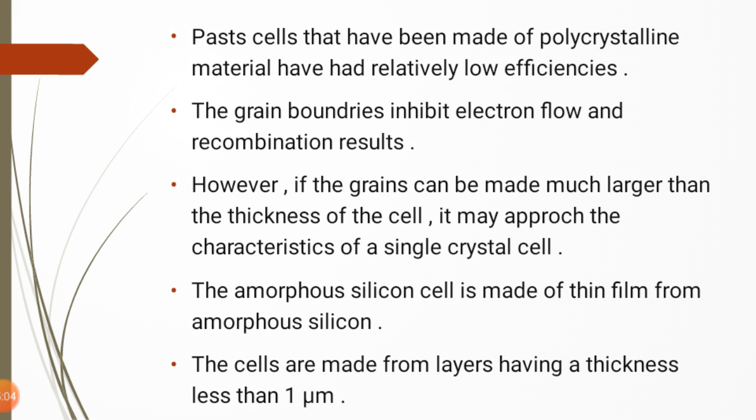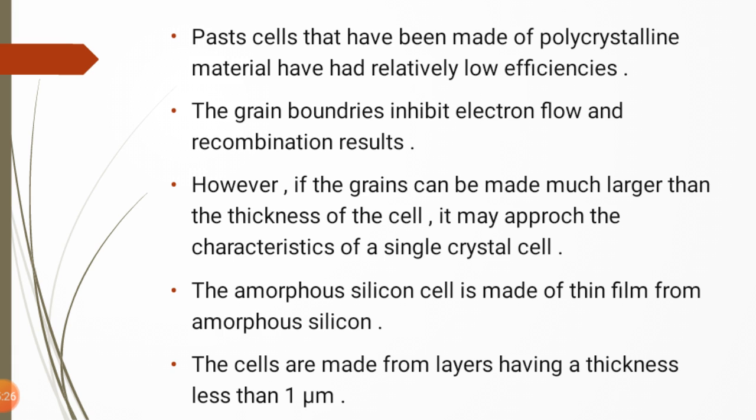Past cells that have been made of polycrystalline material have had relatively low efficiency. That means some years ago, solar cells were made from polycrystalline material, and these solar cells had relatively low efficiencies.